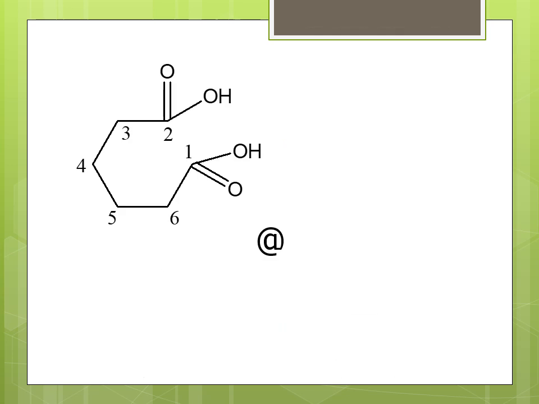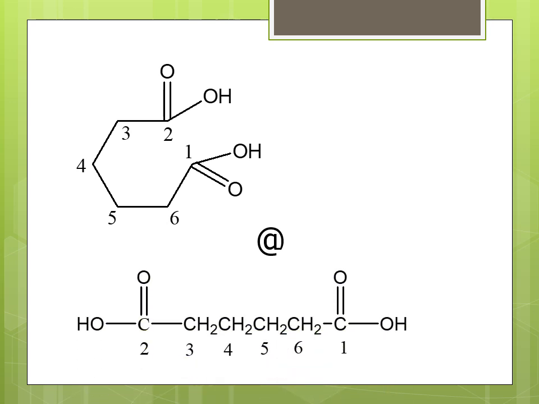Okay, another way that we can do is expand the product so that it becomes a straight chain. This is the answer, whereby you can put carbon number 1 here, next to carbon number 6. As you can see, carbon number 1 here is next to carbon number 6.